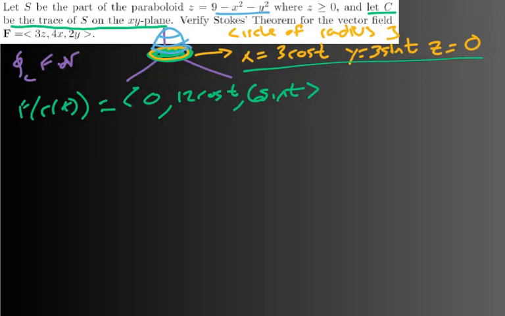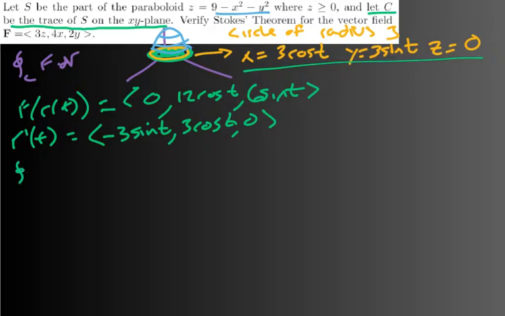And then we have to do r prime of t. That's going to be minus 3 sin t, 3 cos t, and then 0. To do these line integrals, we just do the dot product of those two things: the integral of F of r of t dotted with r prime of t dt.